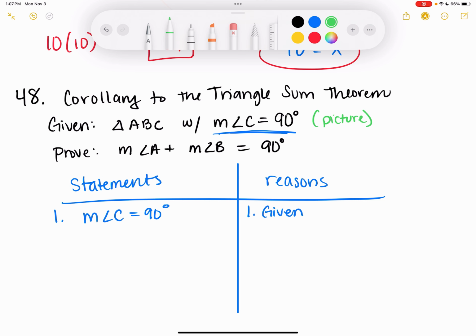Now, the triangle that they had given you doesn't look like that because it's a right triangle. I'm just showing what it looks like for you. So that triangle would look like this. All right, so if I know that's true, what do I also know about this triangle?